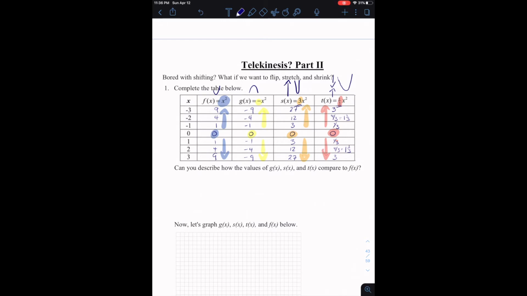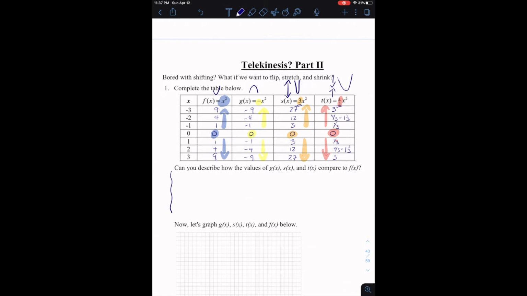So whatever we're doing with that coefficient, with that number, is happening to the y-axis. We're not doing anything horizontally. We're doing it vertically. When we're multiplying by a large number, we stretch it. When we multiply by a number less than 1, we shrink it. We squeeze it from top and bottom.